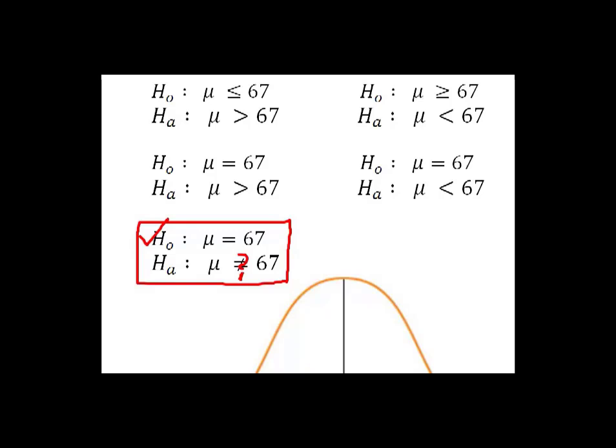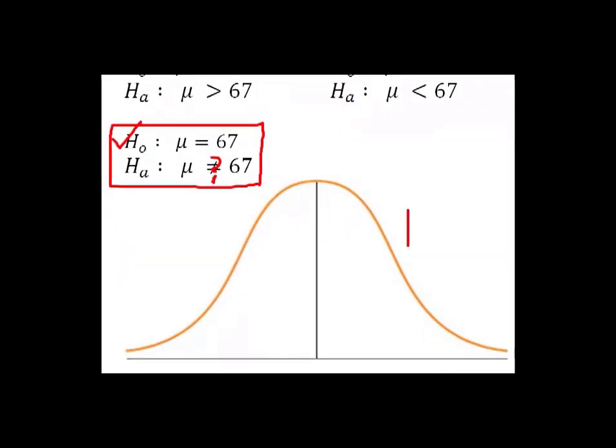Well, if I'm just telling you that it isn't equal to it, then it figures that I have two choices. My data may show that it's larger or smaller. Well, if it's larger, I'm going to come up here to my upper side of the curve and have a rejection region. If it ends up smaller, it's going to come down here in this lower rejection region.